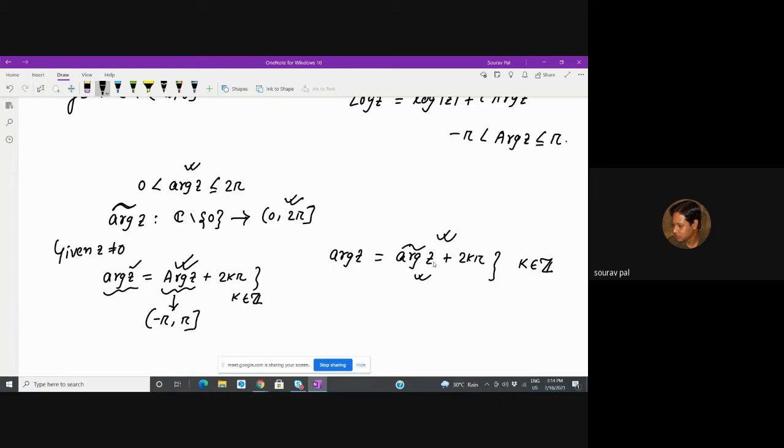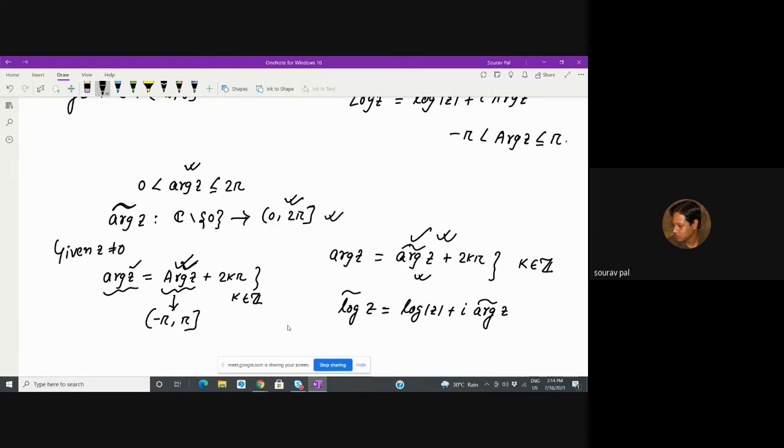Now the point is that, why don't you define logarithm in terms of this function? We have defined logarithm in terms of this function. If we define, say, log tilde z equal to log mod z plus i arg tilde z, where arg tilde is this function.